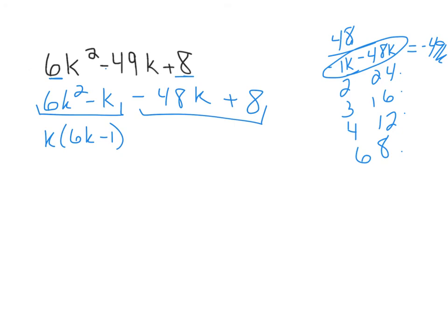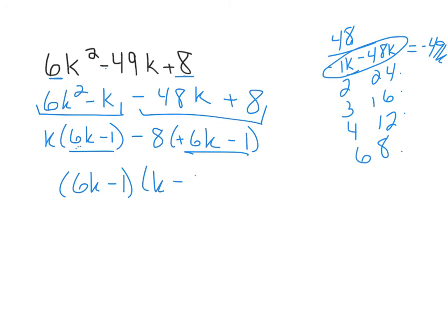The second one, I can take an 8 out. But if I take a positive 8 out, then I'm left with a negative 6k. And I want it to be the same, so that means I'm going to take out a negative 8, becomes plus 6k minus 1. Now the things in parentheses are the same, so 6k minus 1 and k minus 8. That is the factored form.